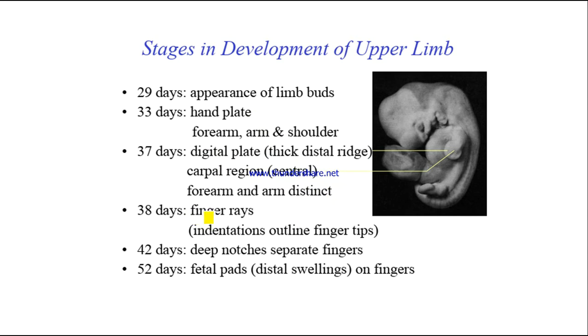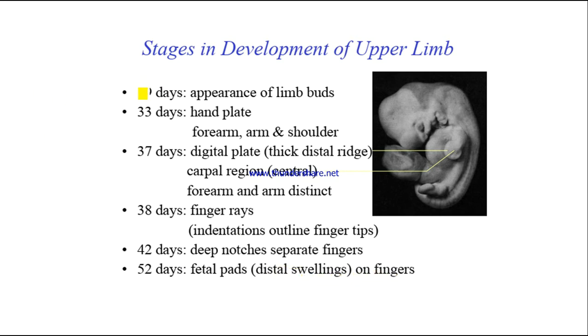At 38 days we're going to see finger rays, indentation or the outline of the fingertips, and then at 42 days we get the deep notches separating the fingers, and at 52 days we get the fetal pads with the distal swellings of the fingers.